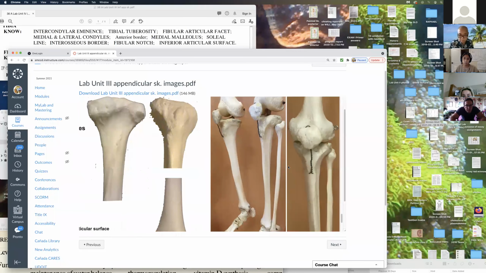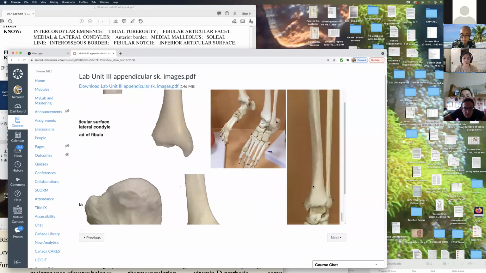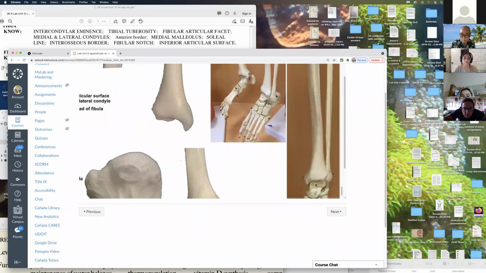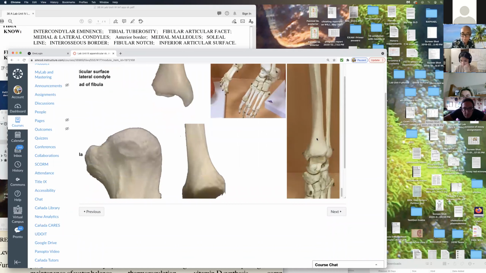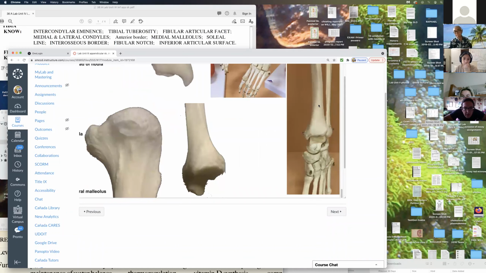Good. It's where the tibia articulates with the talus. Right there. That's the talus. Yeah, it's going to be right there. Thank you.